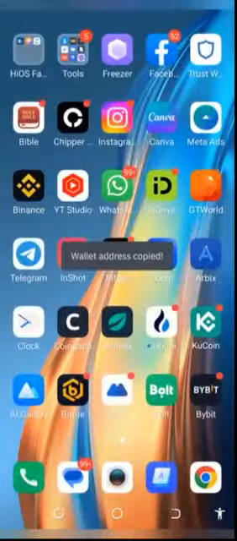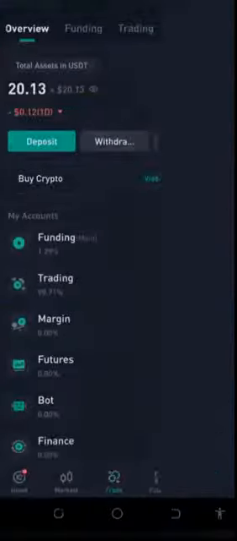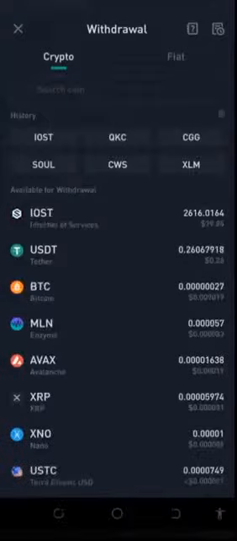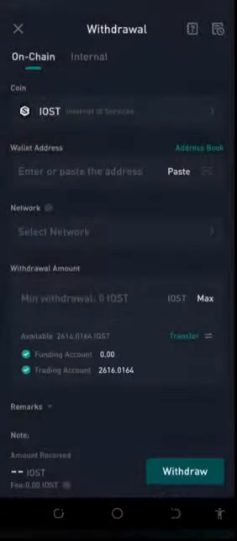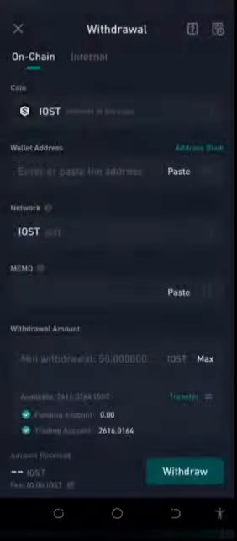And then we quickly go over to our KuCoin where we are going to withdraw. So we're withdrawing that quickly. The network is IOST. Yes, IOST. Correct. Where's the address?